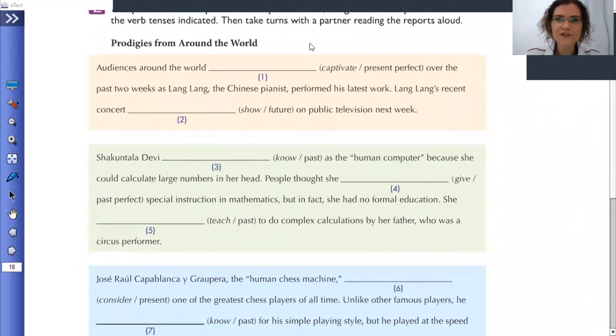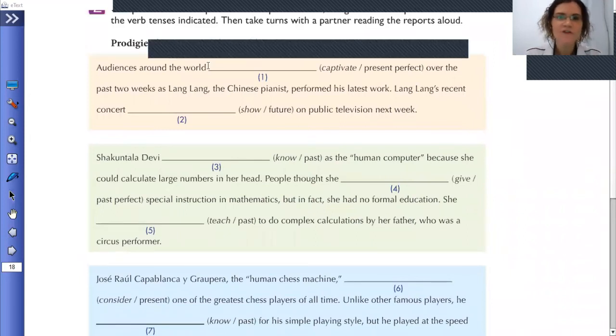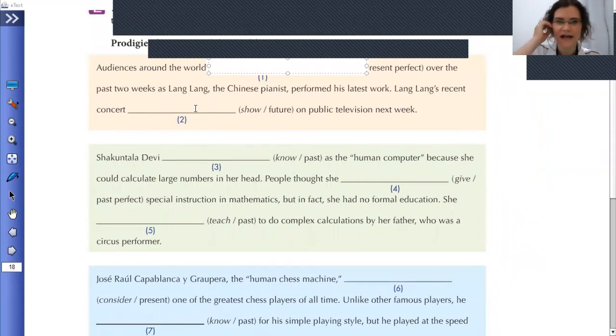Okay, so here you had to basically practice it. Here you have the verb captivate, and it has to be in the present perfect tense. So audiences around the world. Present perfect means have and past participle, have or has. But in this case, audiences is the plural form.